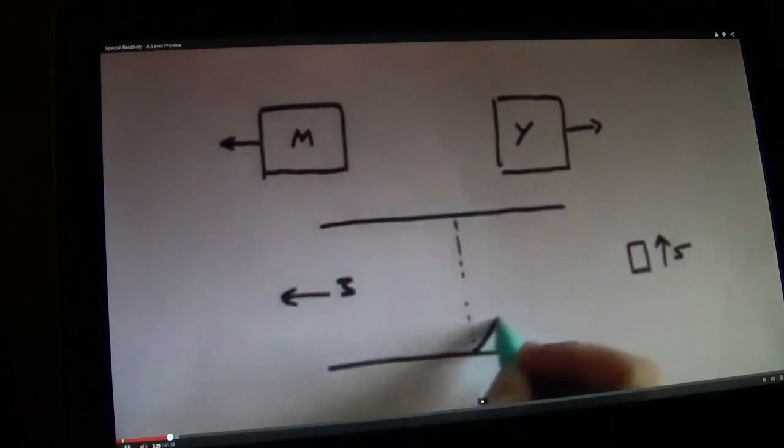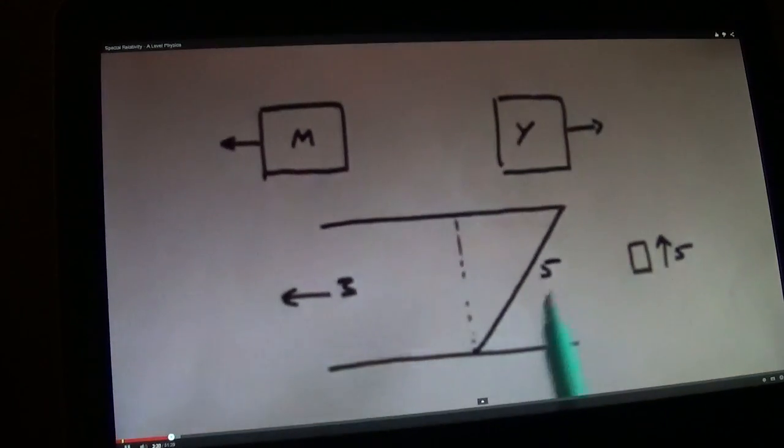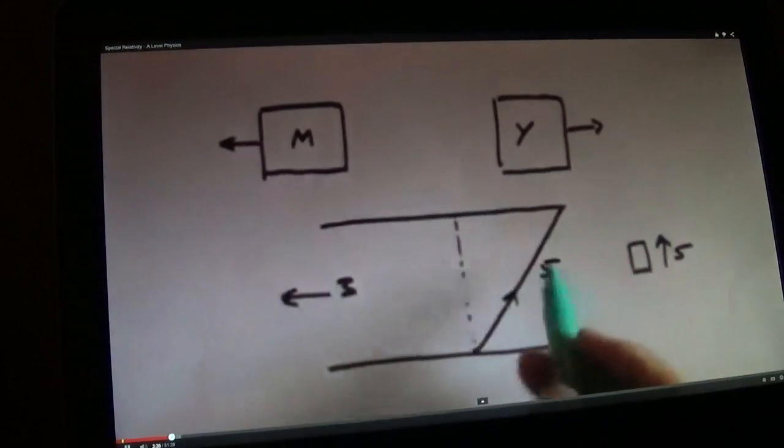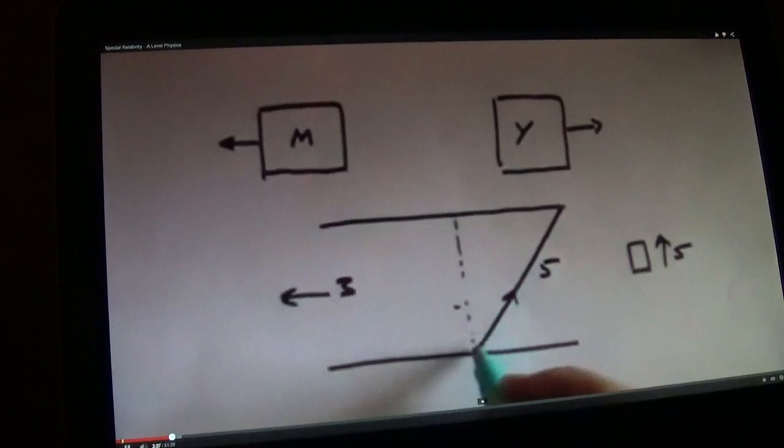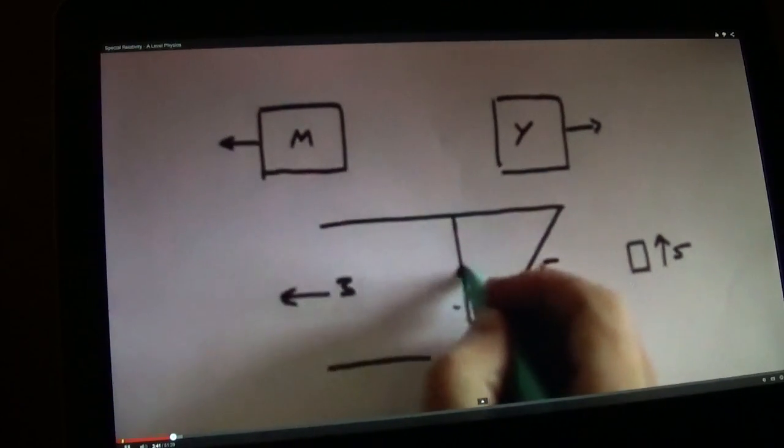So the rower has to row in that direction at 5 miles an hour, and the river will push him so that, in fact, his actual transit across the river is in that direction.